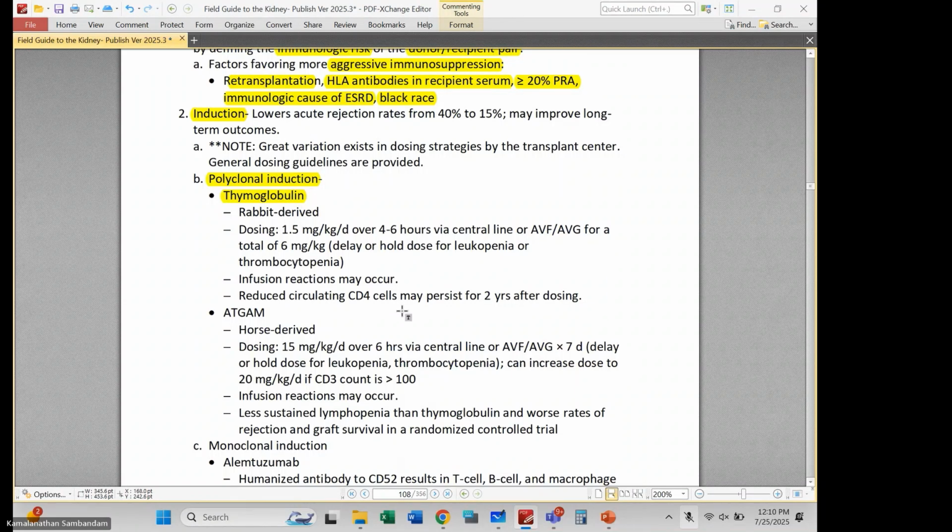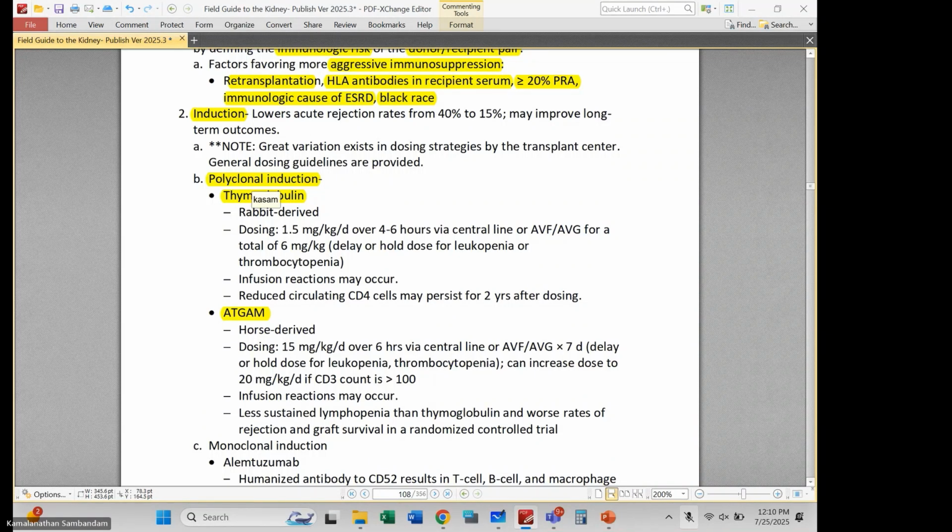I'll make sense of what those terms mean with, for instance, thymoglobulin at full dose. Rarely do we use this older drug, horse-derived anti-thymocyte globulin. Just as a quick aside, these agents are polyclonal because they're messy drugs.